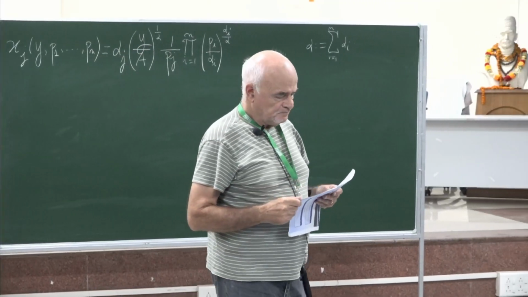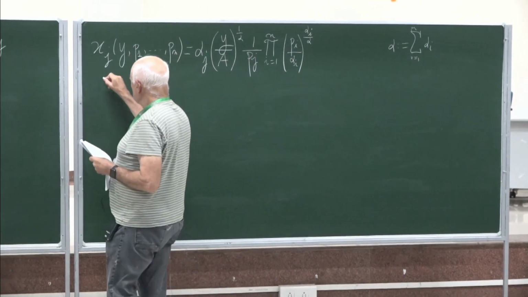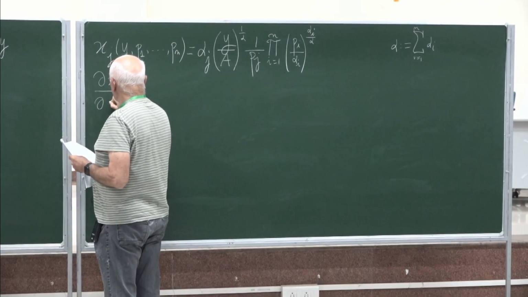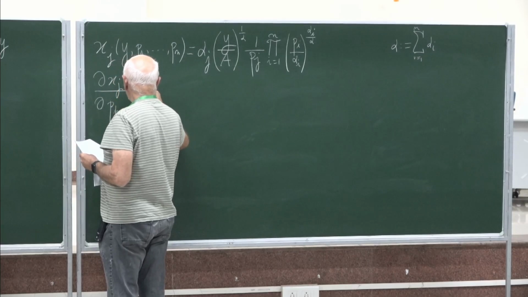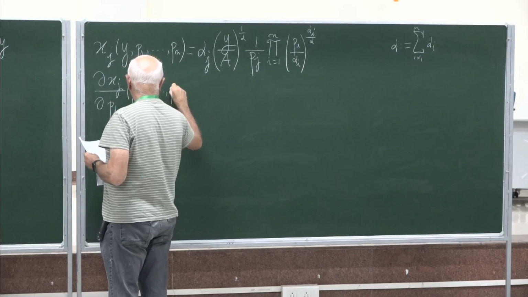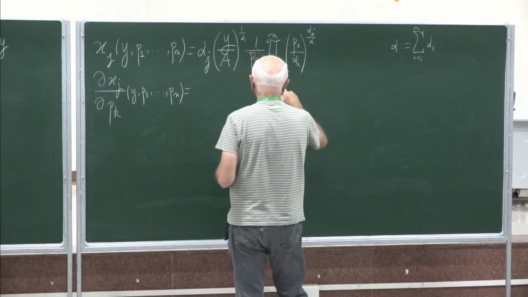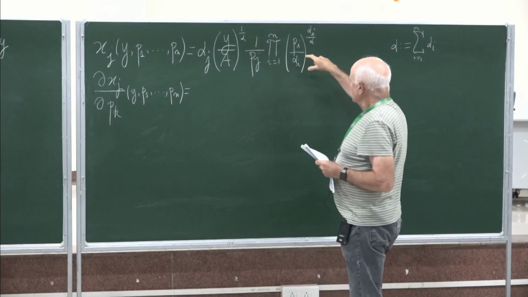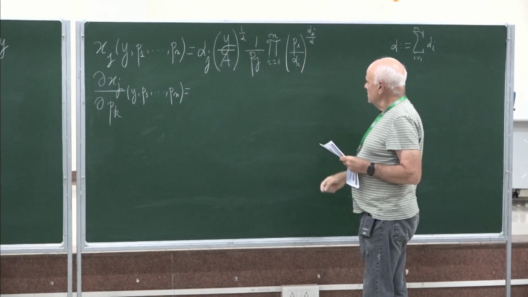Then what is the partial derivative of x_j with respect to p_k? I have to take the derivative of this with respect to p_k, so only the k factor plays some role.